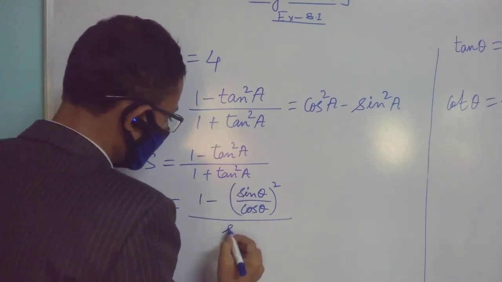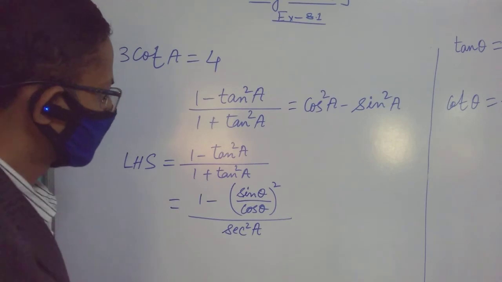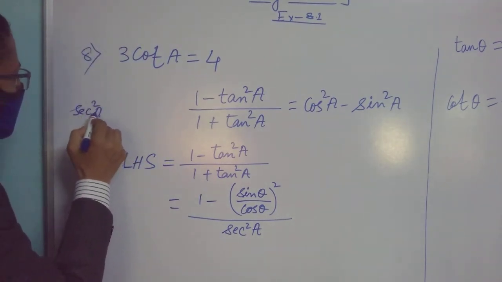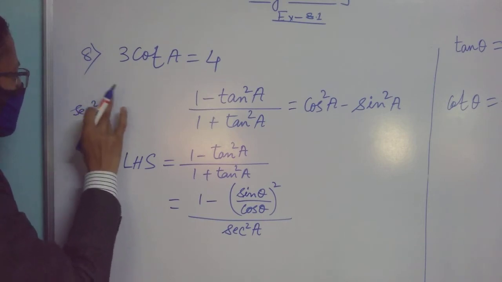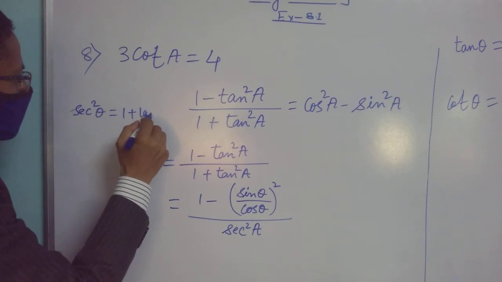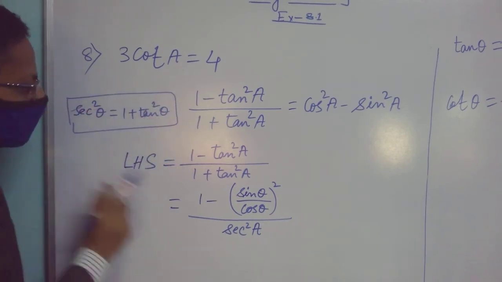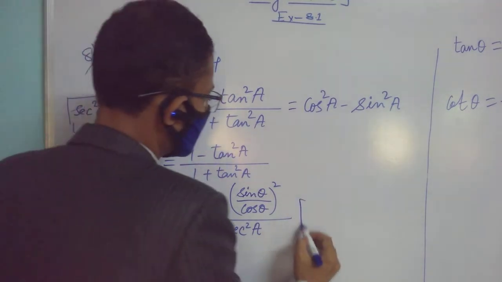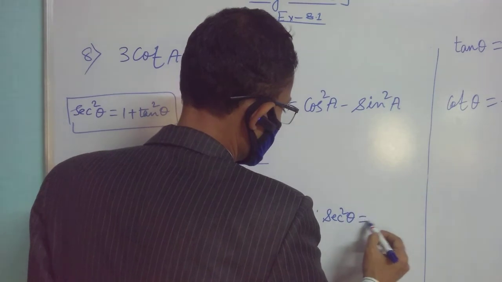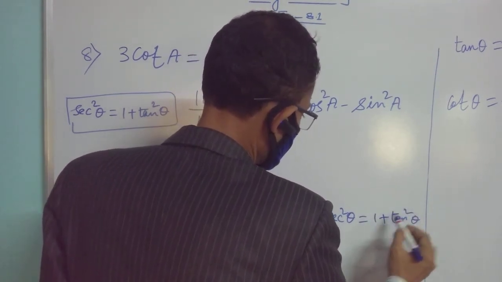And here we have sec square A, because we know this identity, sec square theta. So that's what we used here.